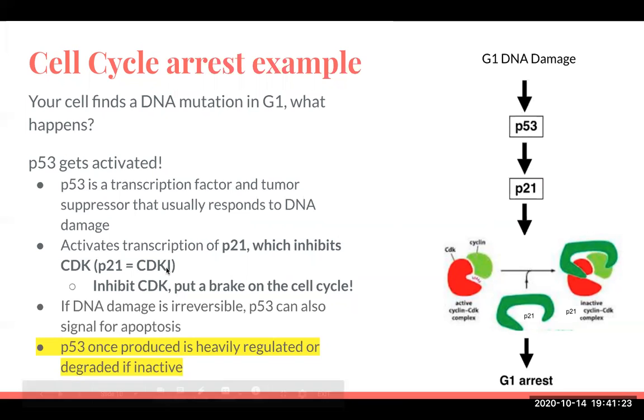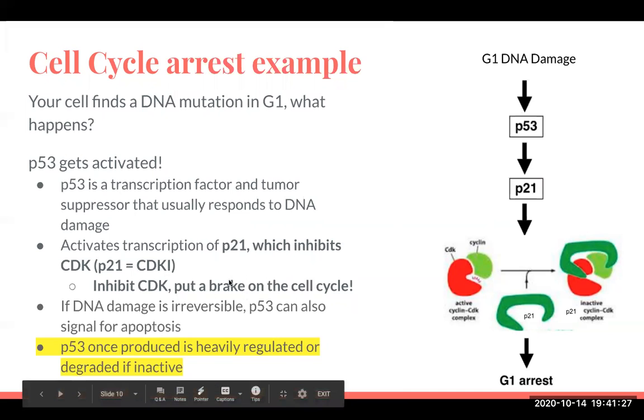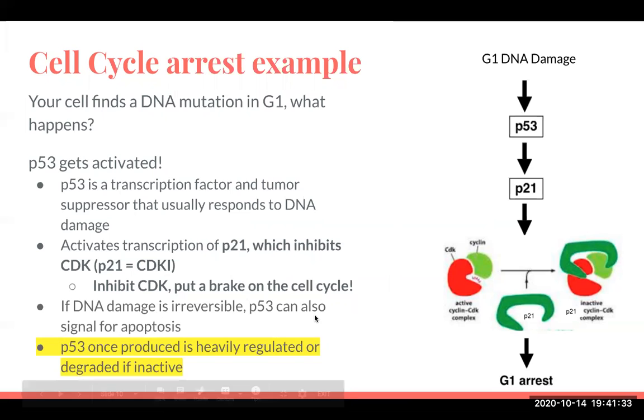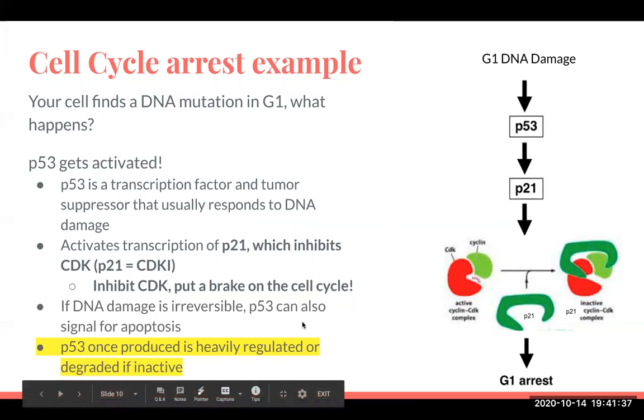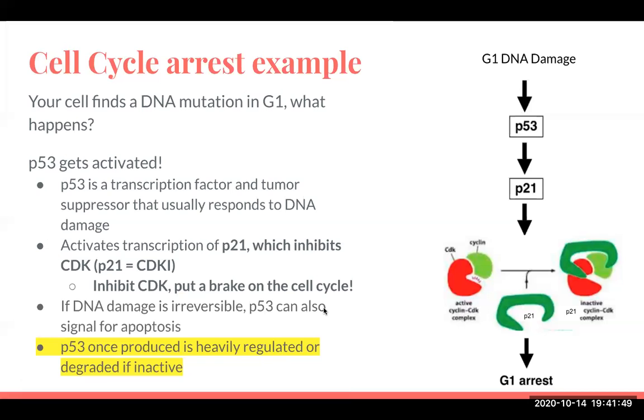What it does is inhibit the CDK at that part of the cell cycle and put a brake on it. If p53 senses that the DNA damage is irreversible, it'll signal for apoptosis. You wouldn't want this happening if everything is okay. So if p53 isn't needed, it's degraded, and it's a very heavily regulated process.